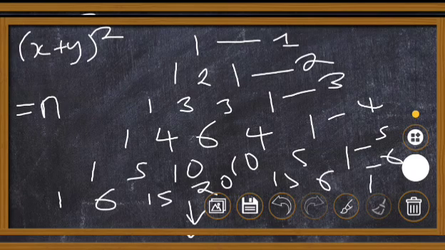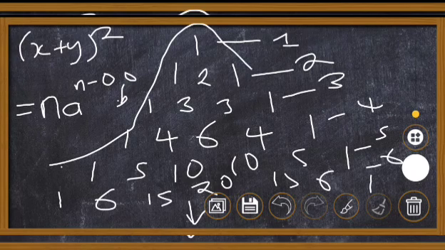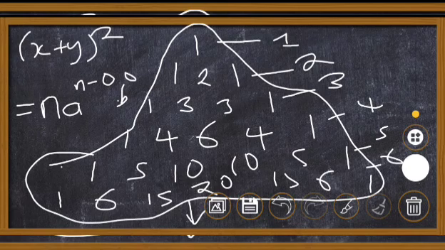And then we are going to have a raised to power n minus 0, and then b to the power 0. Make sure that you write this Pascal's triangle somewhere, because we're going to be using it as we keep on expanding different kinds of expressions.